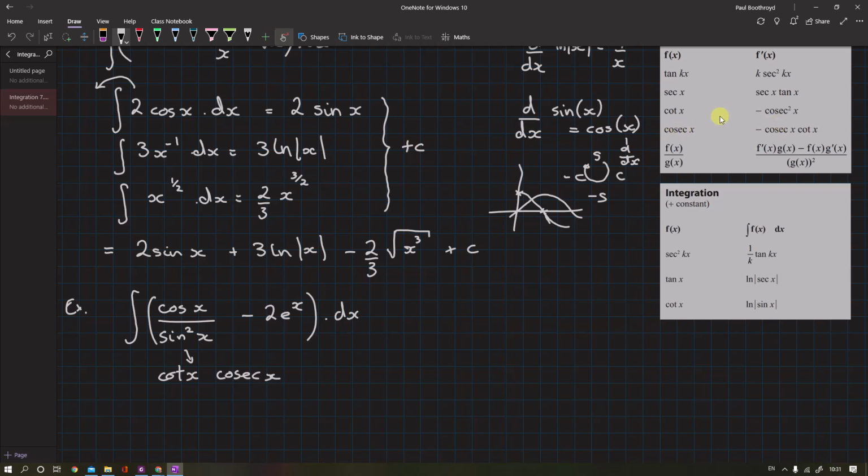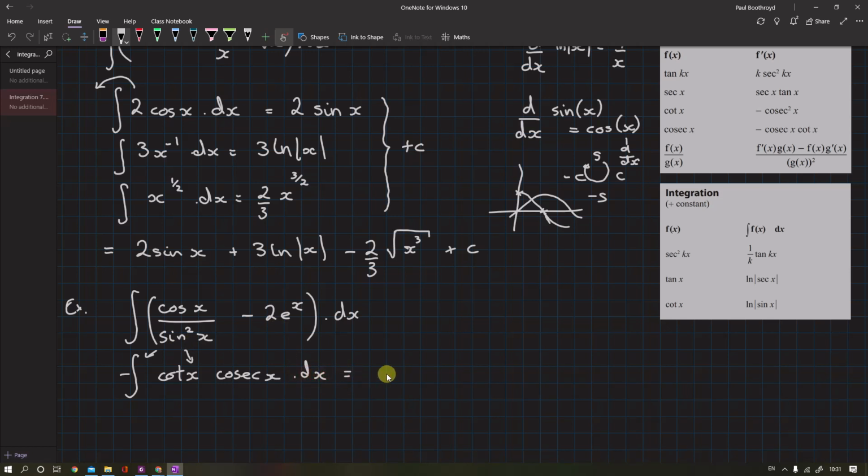So when we go from that one to that one, we get integration. So we can use the standard differential. So this one, when we integrate, we're going to get a minus in front of it. And it does need that minus. So we've got minus cosec x cot x, which is that one, which is what came from this trig identity.